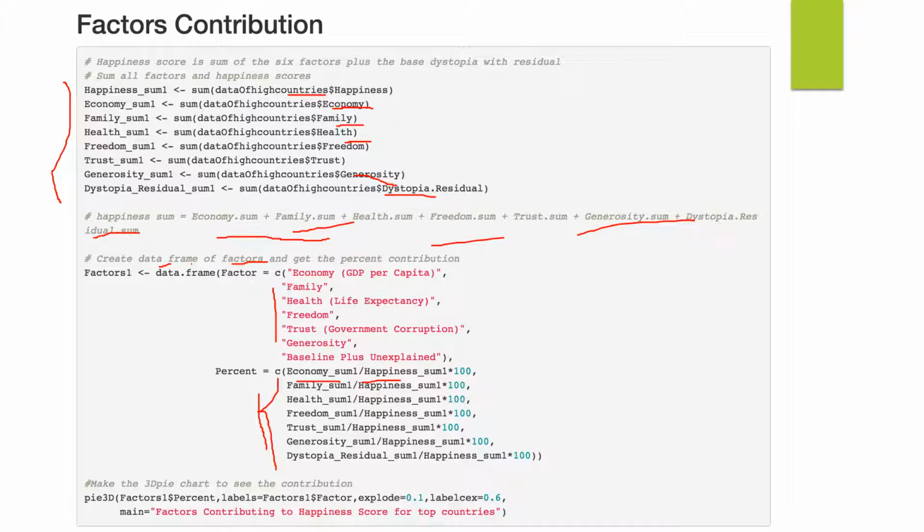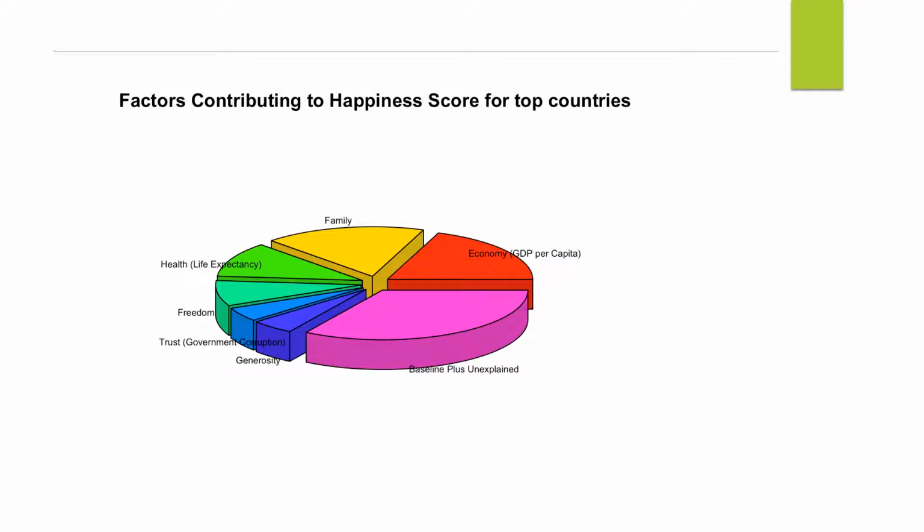Then I draw the 3D pie graph. It's very clear to see how those factors contribute to the happy score.